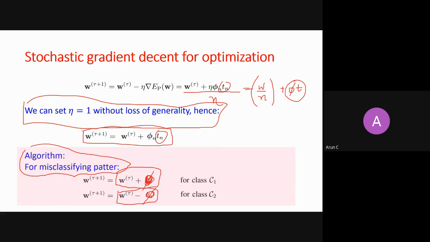So if I am misclassifying a positive sample, I should add it. If I am misclassifying a negative sample, I should subtract that sample itself from w, because Tn is either +1 or -1. So for a misclassified positive sample, I add my x to w. For a misclassified negative sample, I subtract my x from w, right?